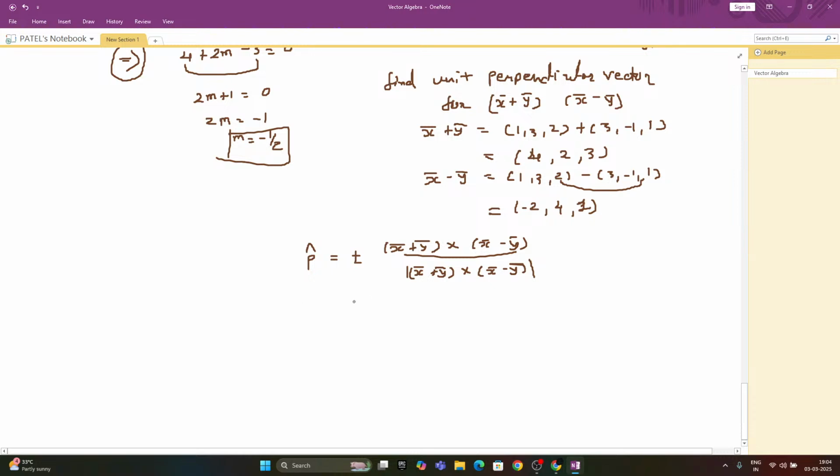So first of all, the cross product of x bar plus y bar cross x bar minus y bar: i, j, k. What is your x bar plus y bar? Here it is 4, 2, 3, and x bar minus y bar it is minus 2, 4, 1. So we have to simplify that.